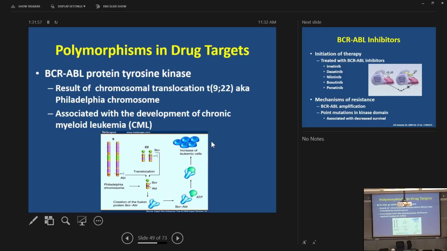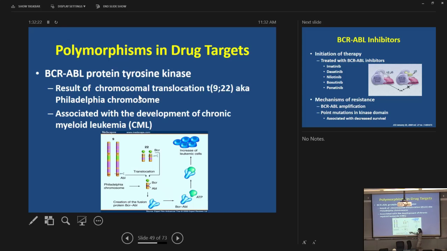And with that, we were able to dramatically improve overall survival in patients who had CML, or chronic myeloid leukemia. BCR-ABL is a protein tyrosine kinase. It's a result of a translocation between chromosomes 9 and 22, also known as the Philadelphia chromosome, and it's associated with the development of CML.